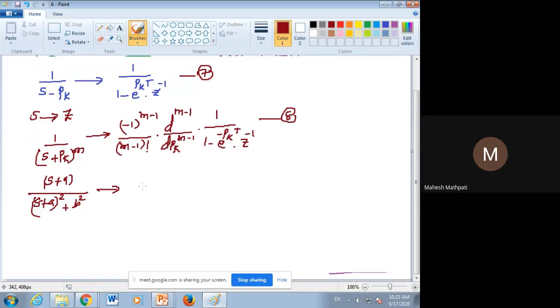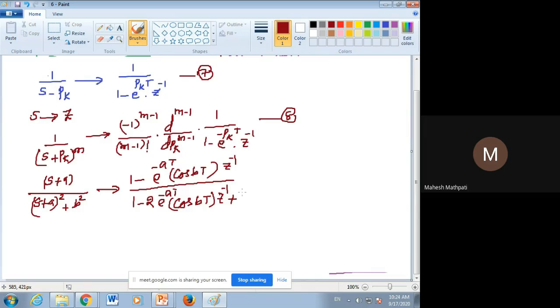Then its transformation we are writing as 1 minus e to the power minus at cos bt into z inverse, divided by 1 minus 2 e power minus at cos bt into z inverse plus e power minus 2at into z power minus 2.